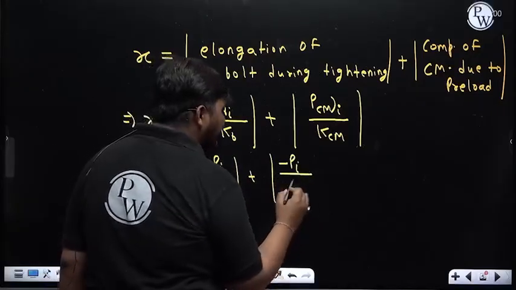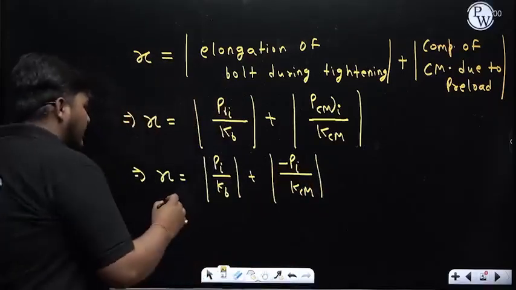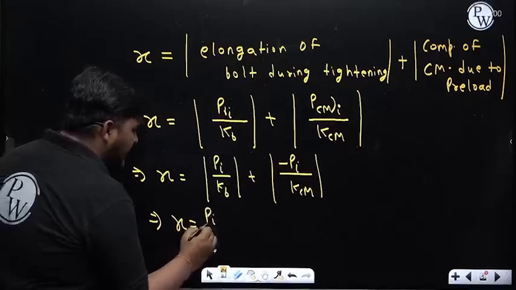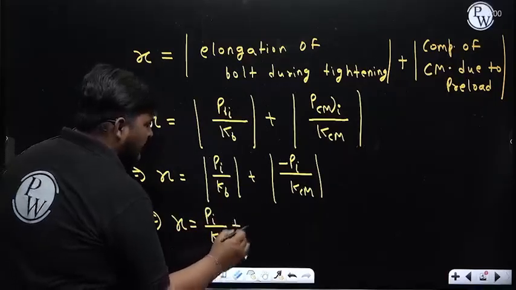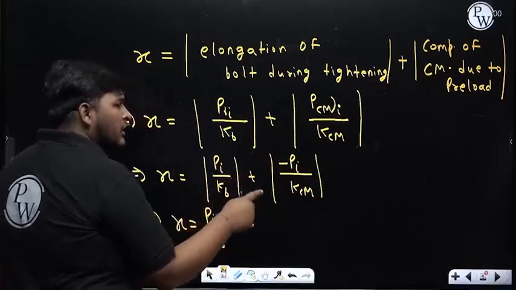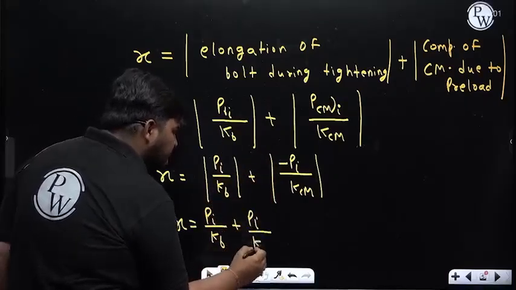Whether you write minus or plus, it will not matter, because after that we have to take mod. Now if we take mod, x is equal to PI upon KB plus mod of minus PI upon KCM, which will be PI upon KCM.